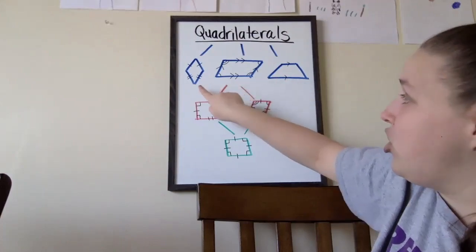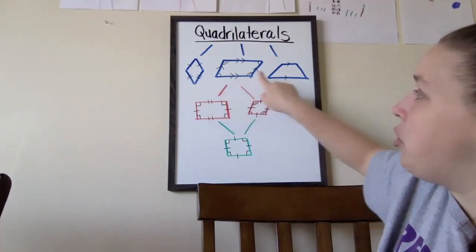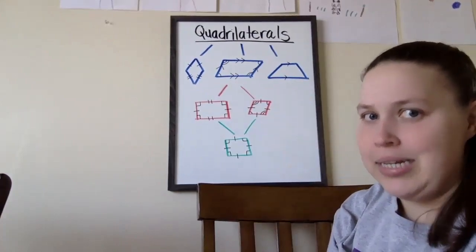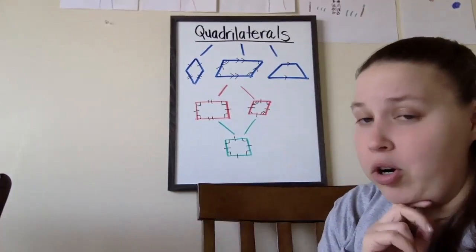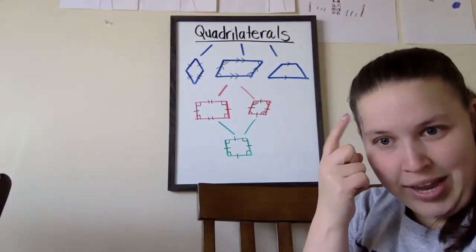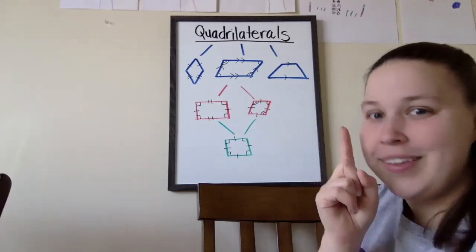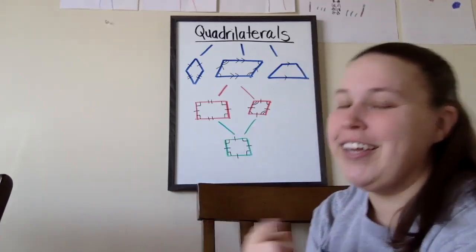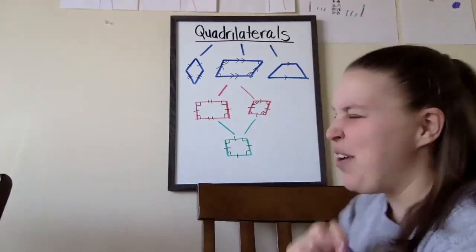Now, I want you to take just a second. Why are these 3, the ones in blue, in separate categories, even though all 3 of them are quadrilaterals? Exactly. They don't have the same attributes. Took the words right out of your mouth, didn't I?